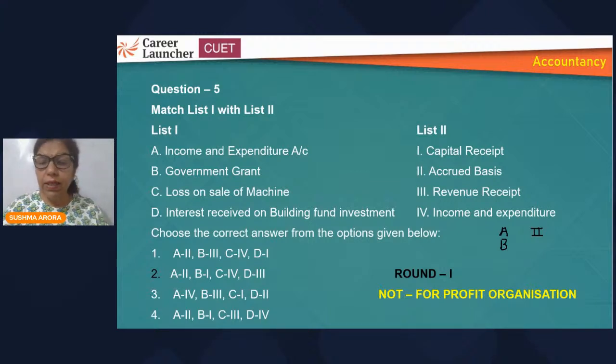Government grant is related with revenue receipts. Clear? Now, loss on sale of machine will be shown in income and expenditure account. And then last, D, interest received on building fund investment, that is capital receipt. Now you have to select the correct option.